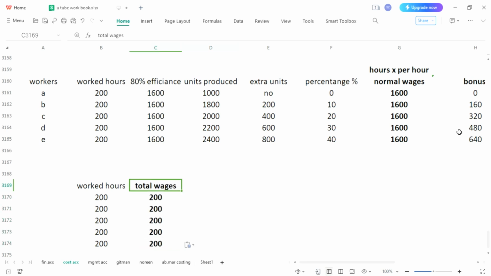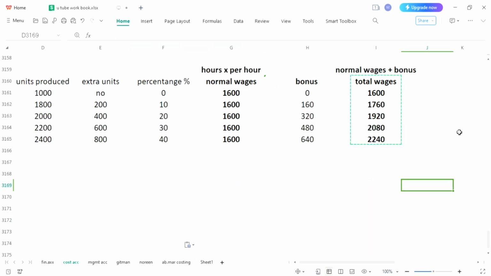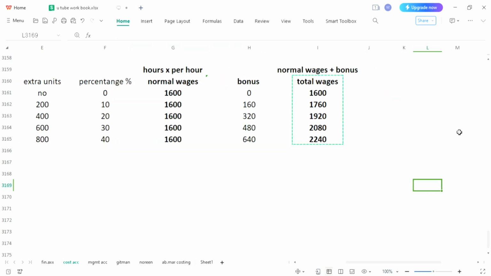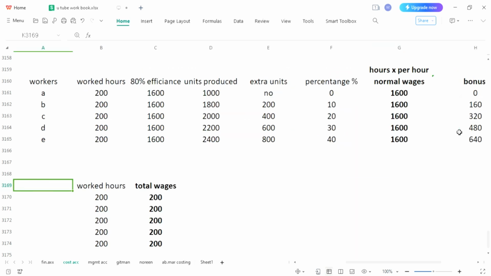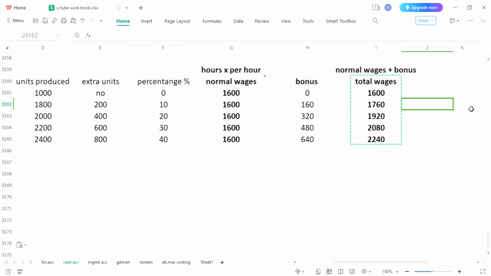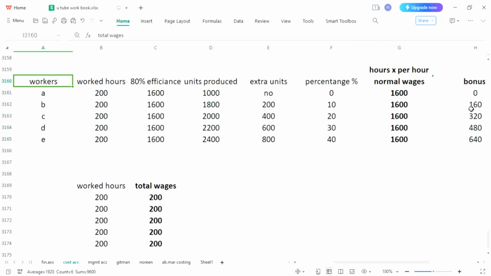And why is it coming 200? Total wages were 1600. So I will try to paste according to numbers, if it is coming. No, it's not coming. Let me copy again, and we are going to write over here. I was just trying to save time.